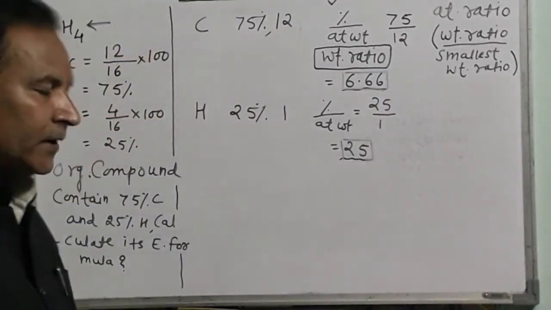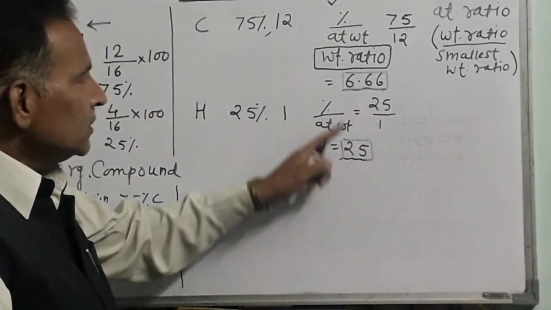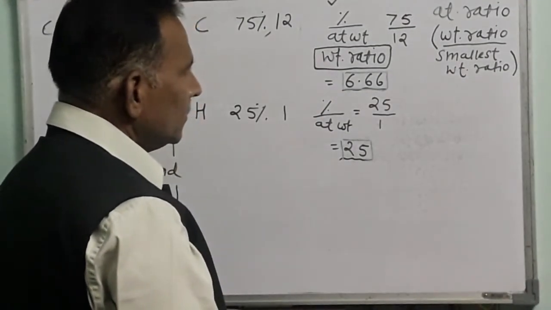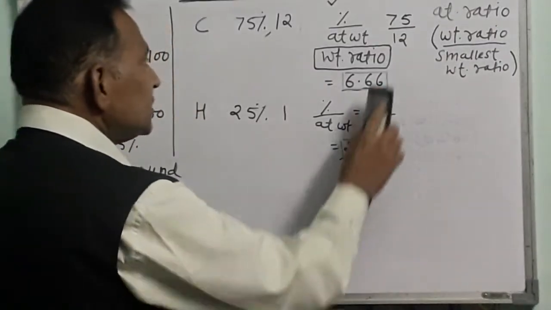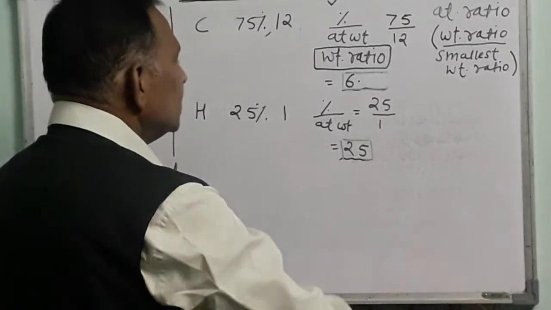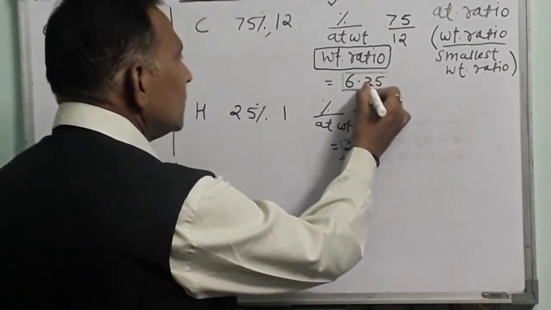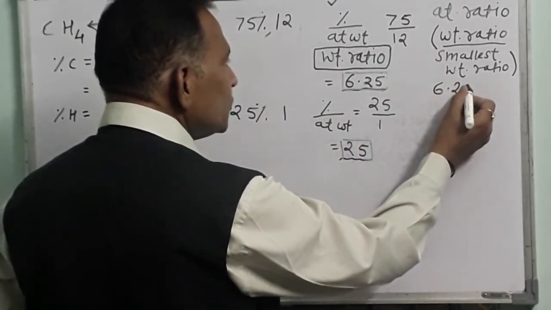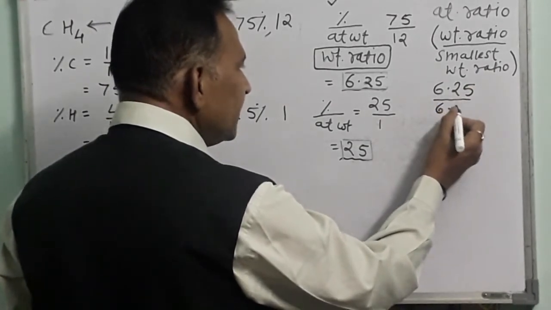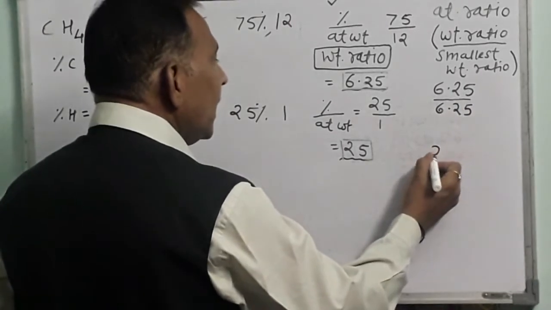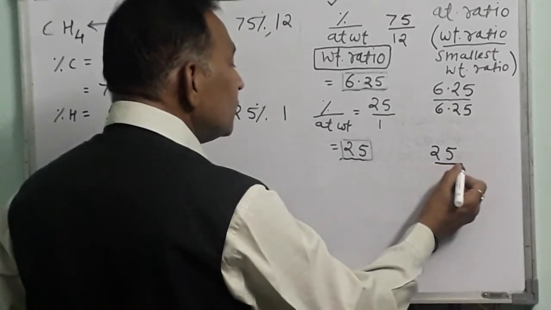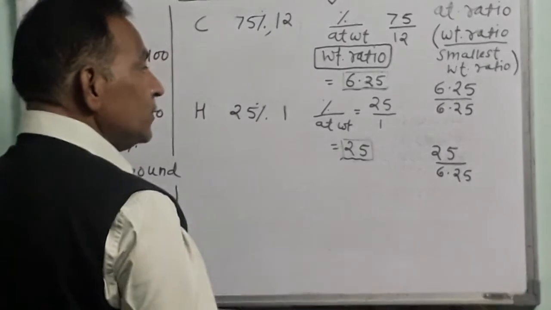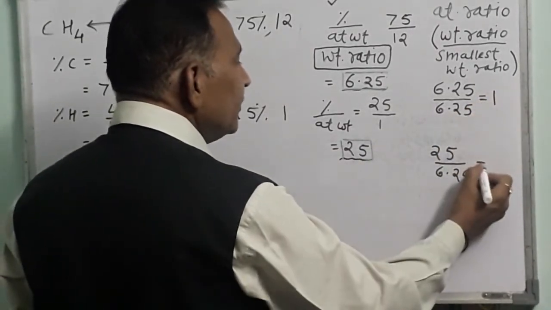So दोनों में smallest weight ratio कौन सा है? तो दोनों में smallest weight ratio 6.25 है. So the 6.25 weight ratio of carbon divides itself by the same ratio because it is smallest, and the 25, that weight ratio of hydrogen, is to be divided by the smallest weight ratio, that of carbon, 6.25. So this comes to be equal to 1 and this comes to be equal to 4.